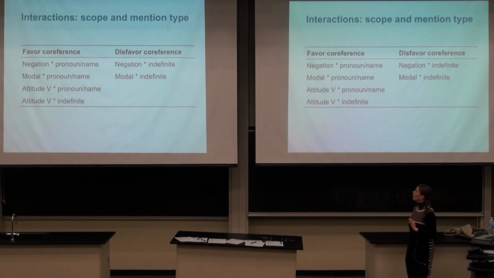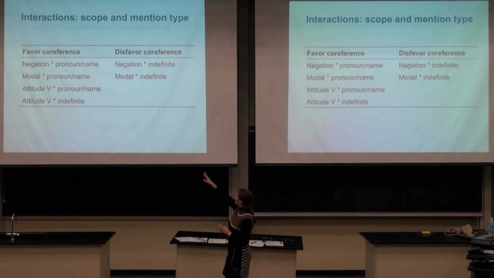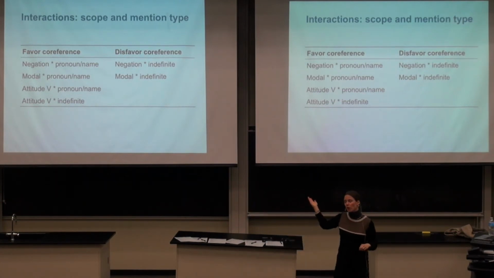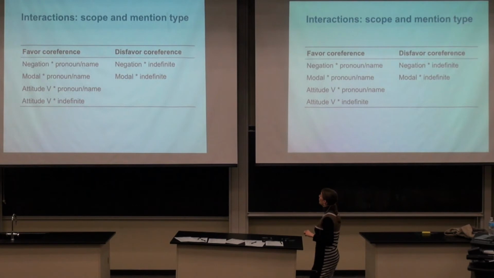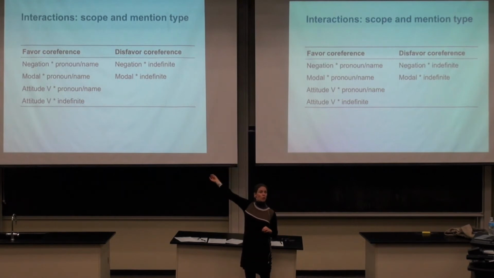And then what we wanted to look at was this interaction, and this is what you see here. We have this interaction between whether it's a pronoun or a name or an indefinite, and you see exactly the quick observation that we made with the example from Karttunen. If I'm an indefinite under the scope of a negation or an indefinite under the scope of a modal, I'm disfavoring coreference.